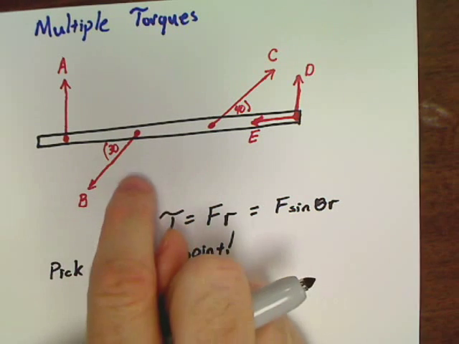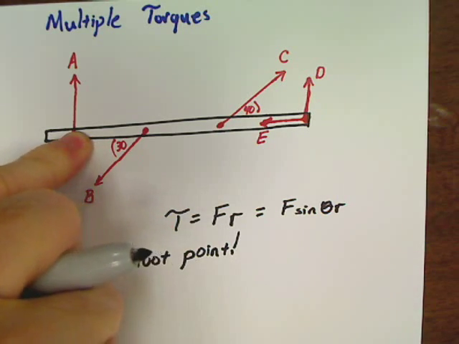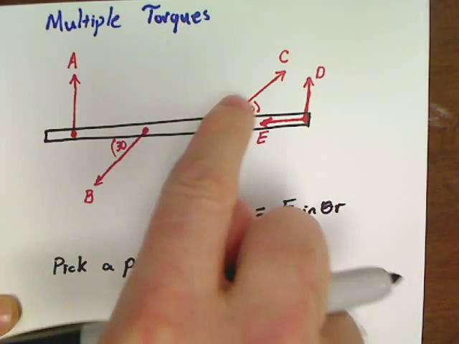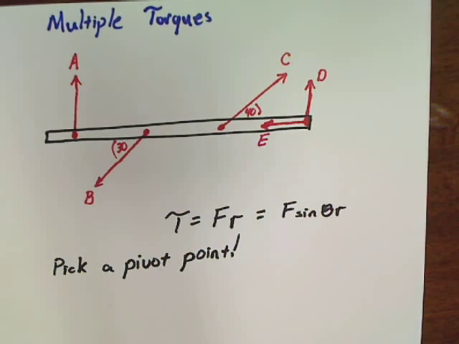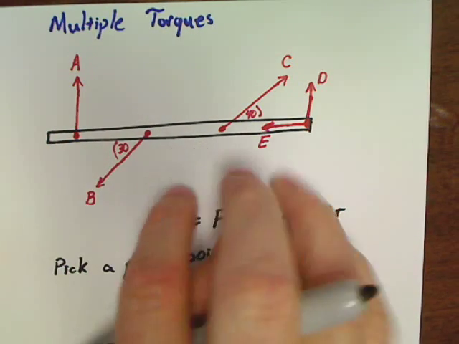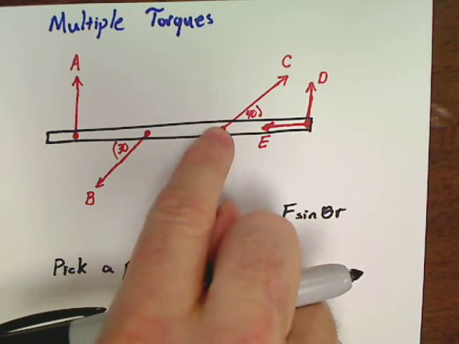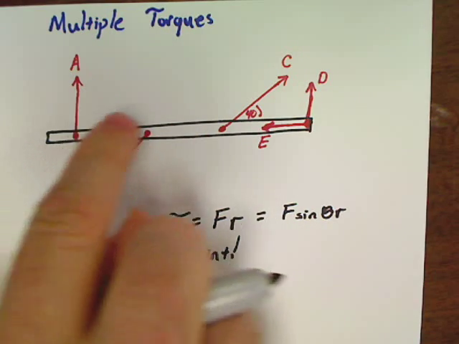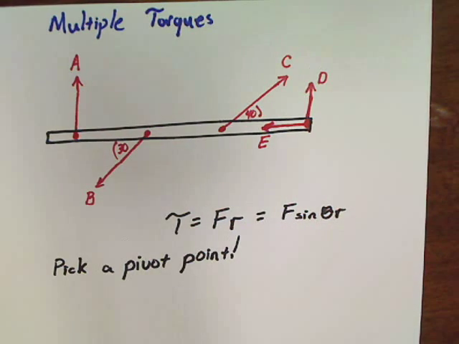I want to go through and try it a few different ways. I want to try picking A to be my pivot point, then maybe B, or this point where C is, or maybe where D and E are over here. I want to try a few different places of choosing pivot points. Because here's the reality. When you go to do this problem all by yourself, if it doesn't tell you where to pick your pivot point, you get to choose where your pivot point is.